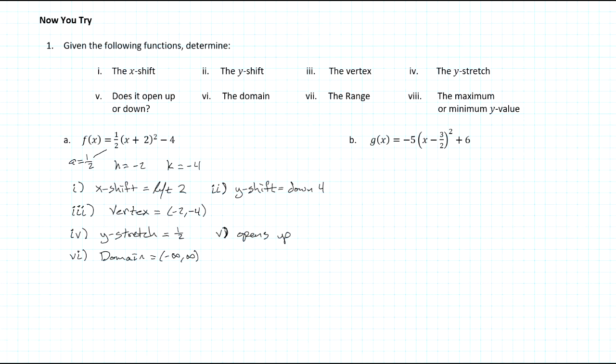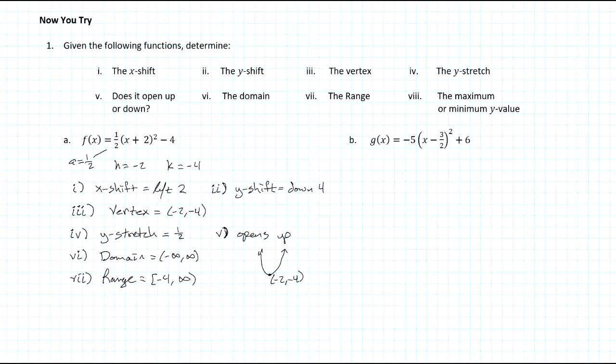The range, you need to think about the fact that this opens up and the vertex is at the point -2, -4. So the range is going to be everything starting at -4 and going up to +infinity.